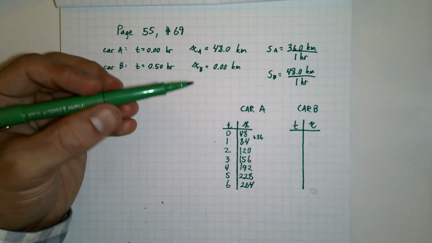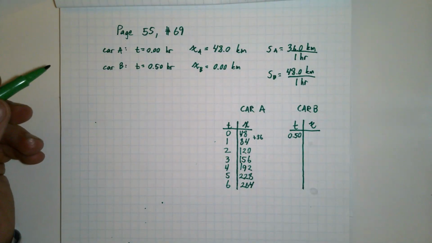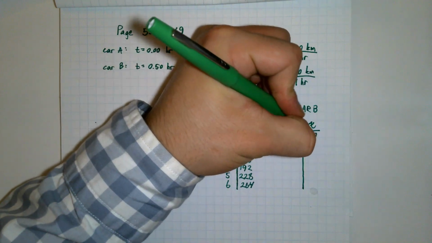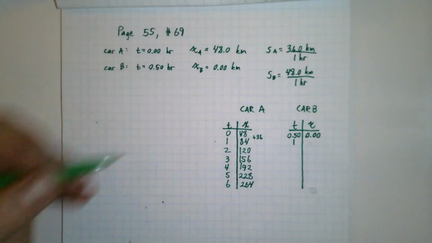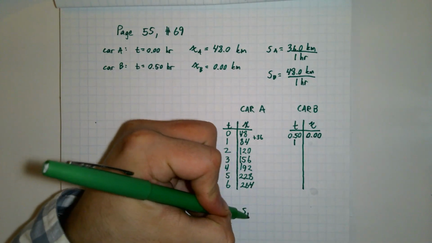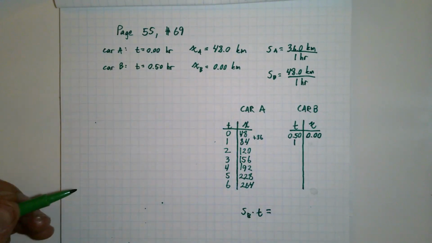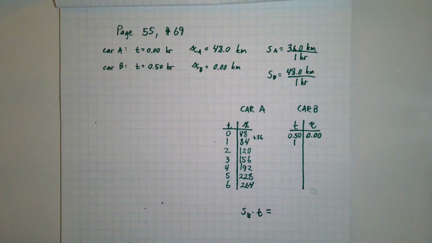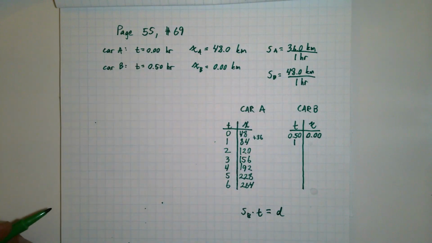We can do the same thing for car B, except we don't know at time 0, we only know at half an hour or 0.5 of an hour that he's at the position of 0 kilometers. After 1 hour, where is he? Well, if we know his speed, we take car B's speed times the difference in time between one point to the next, then we can find the distance that he traveled.